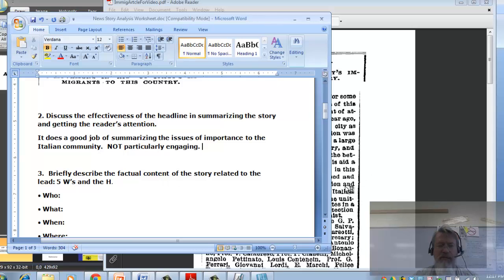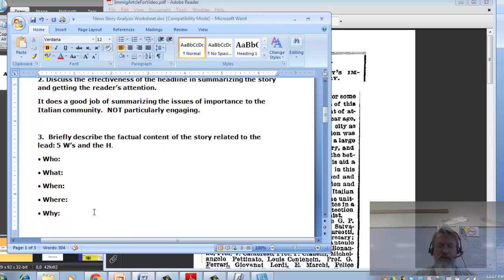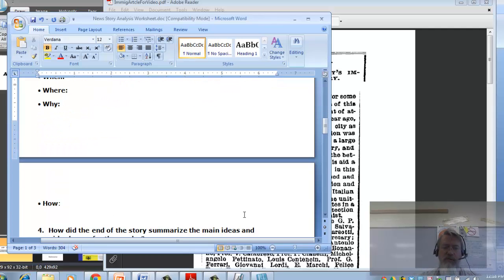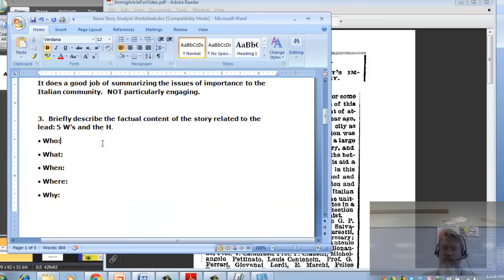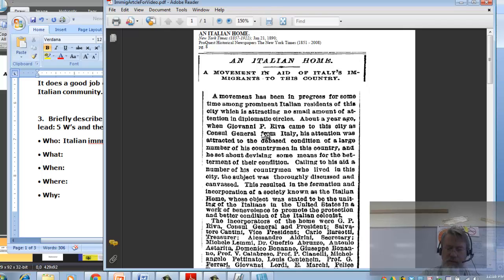Briefly describe the factual content of the story related to the lead 5 W's and H. Who, what, when, where, why, and how. So who? One answer to who would be Italian immigrants.